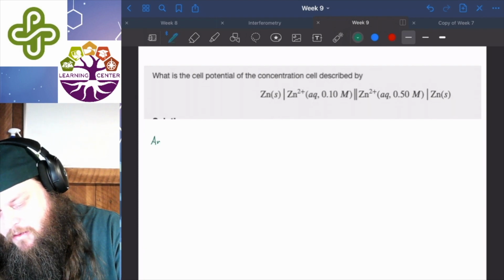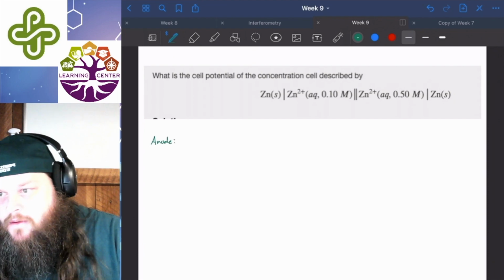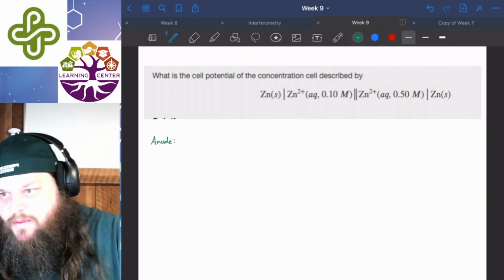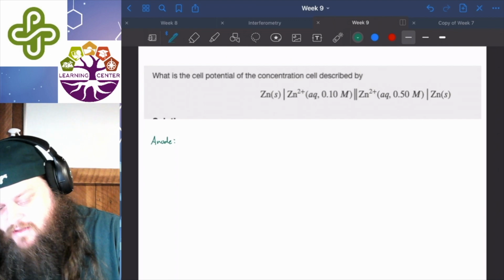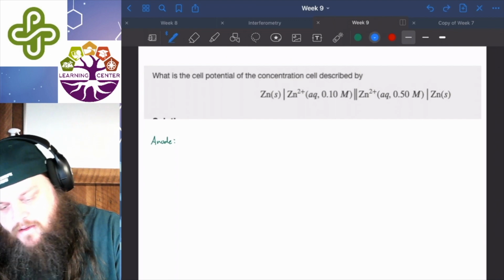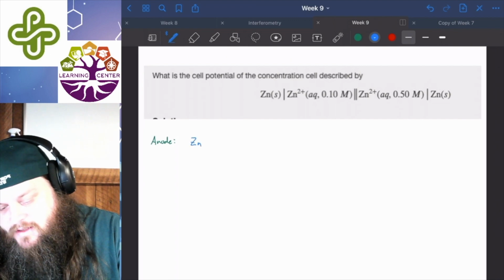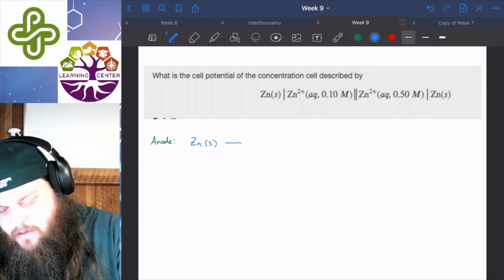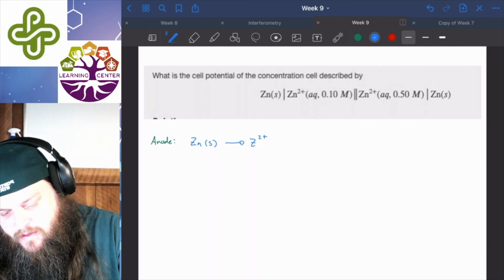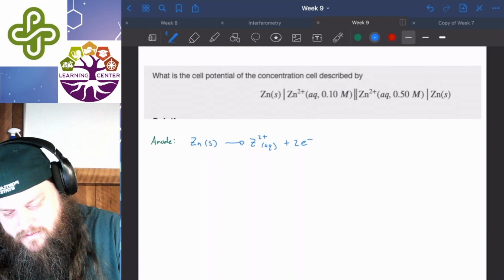Now the anode, in this case, is again the oxidation. That's going to be the zinc solid producing zinc 2 plus aqueous plus 2 electrons.